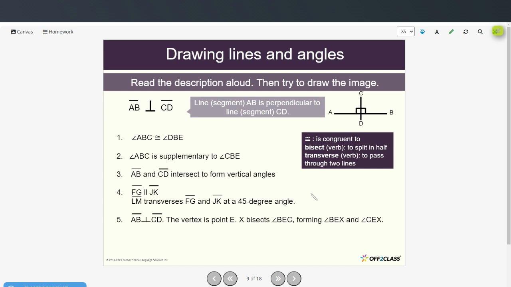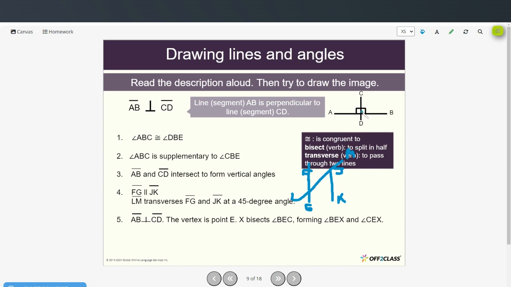So line segment FG is parallel to JK, and LM transverses them at a 45-degree angle. So L and M. And AB is perpendicular to CD. So that's basically this drawing.